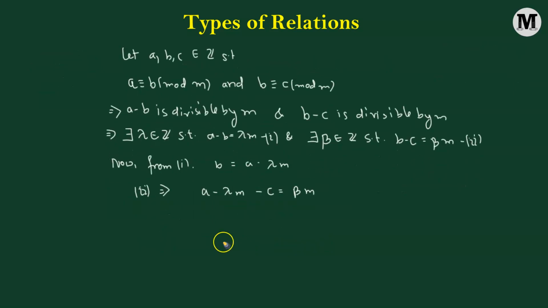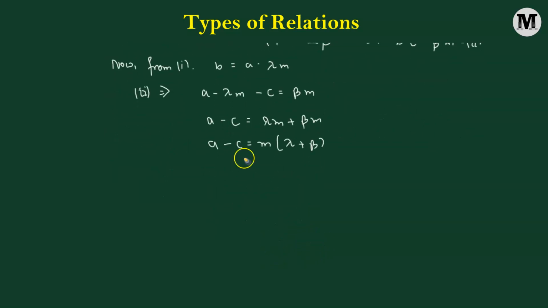So let's rearrange the terms. We keep A minus C on the left hand side. This is going to be equal to lambda times M added to beta times M. So A minus C equals, here we can take M as the common factor, such that M gets multiplied to lambda plus beta.